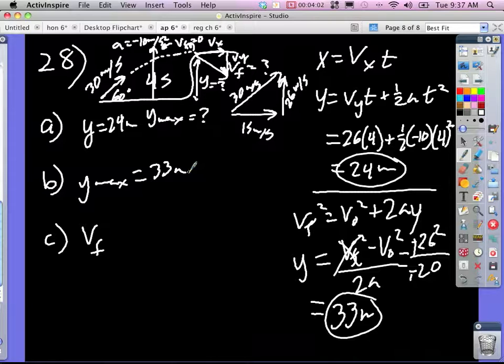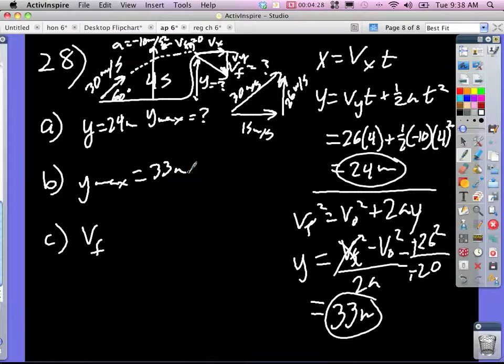Why did I use this equation? Well, this is on your formula sheet. Because I'm trying to find the height. So if I have no idea what to do, I look at my formula sheet and ask which ones have y in it, right?